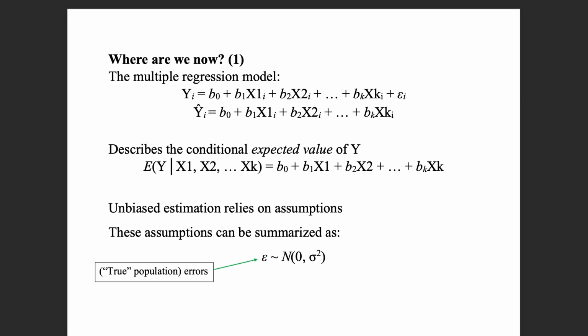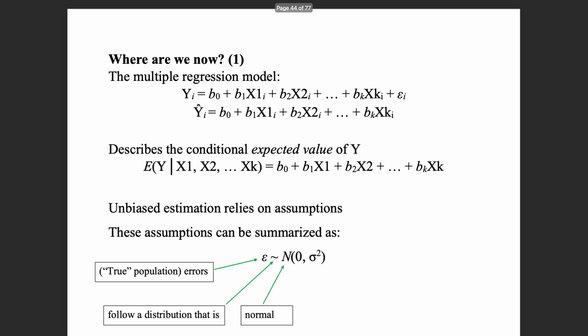So we have these true population errors, and then we have this little tilde symbol, which is meant to indicate that what follows after this symbol is an indication about what we assume to be true of the distribution of this error term. So we assume that they follow a distribution that is, and then what comes after the tilde symbol tells us what that distribution is supposed to be.